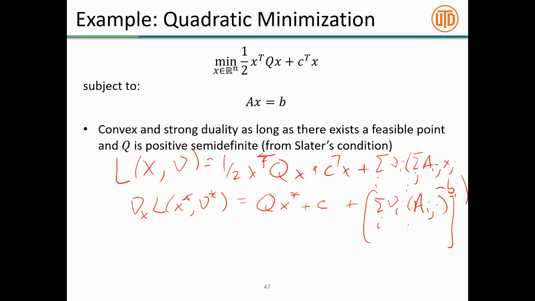I was using some funny notation last time, and I'm trying to avoid it because some people didn't like it. So when I take the partial derivative with respect to x_j, I get the sum over all i of nu_i times a_ij. So I stick these things into a big vector.